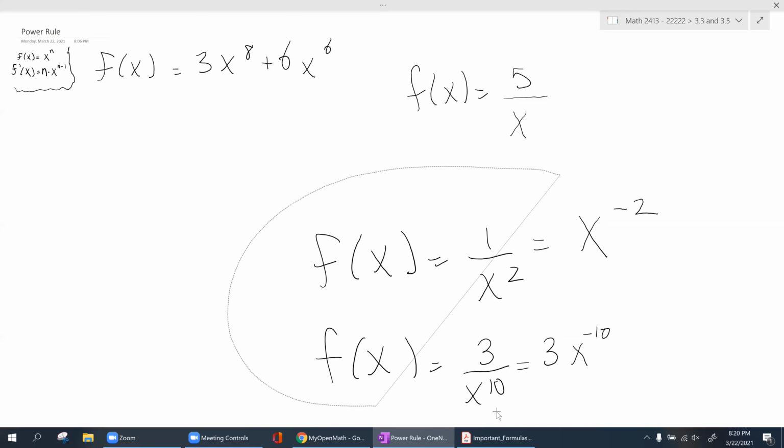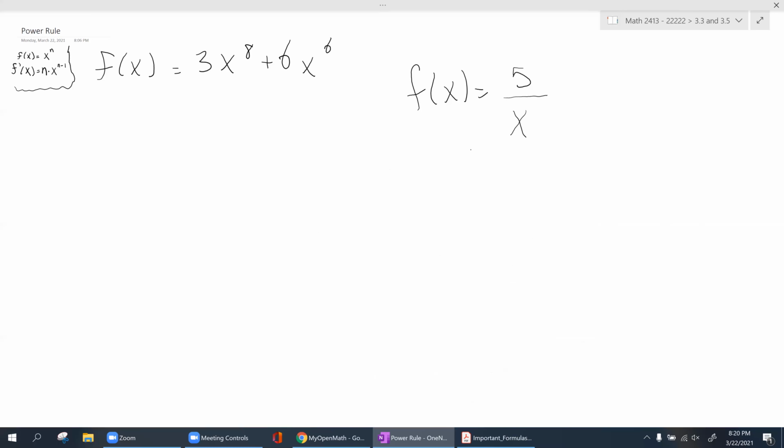These rules will come in quite handy. What is the variable down here? If there's nothing there, we assume it's a 1, meaning this is just 5 times x to the negative 1.